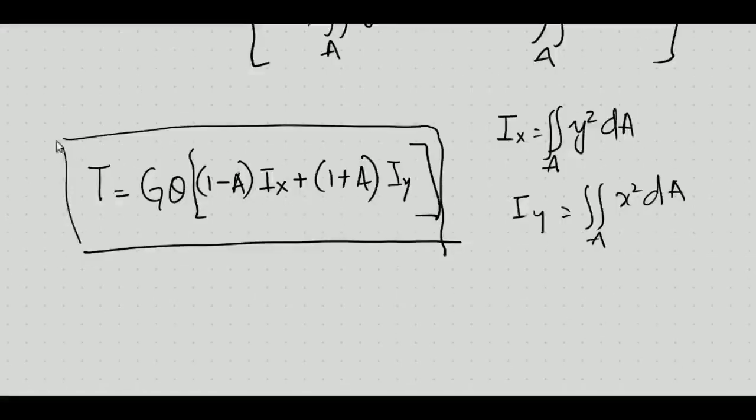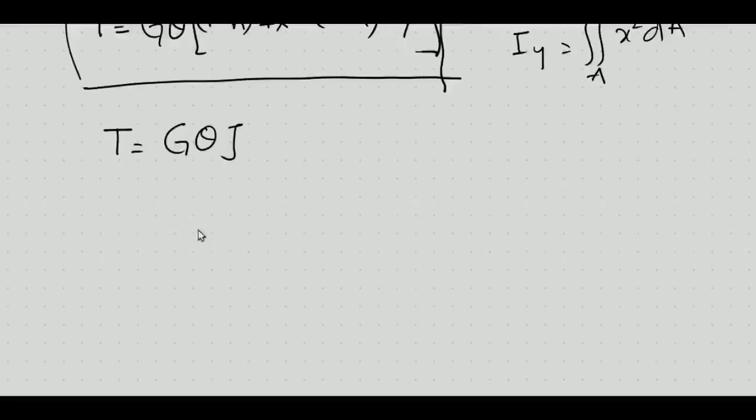This represents the equation which relates torque and the angle of twist in the case of an elliptical cross section. So we can write this as T is equal to G theta into J, where J is equal to (1 minus a) into Ix plus (1 plus a) into Iy.